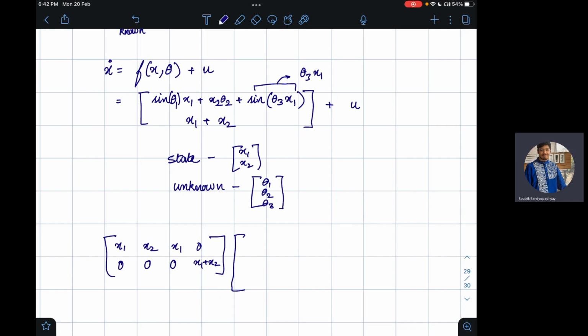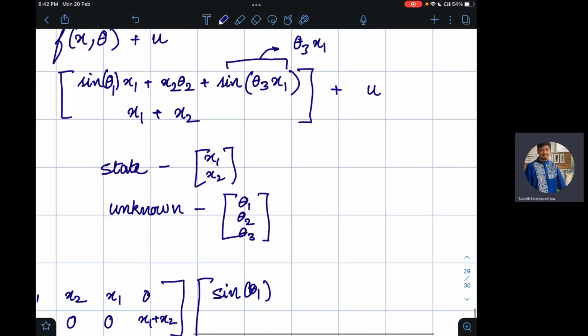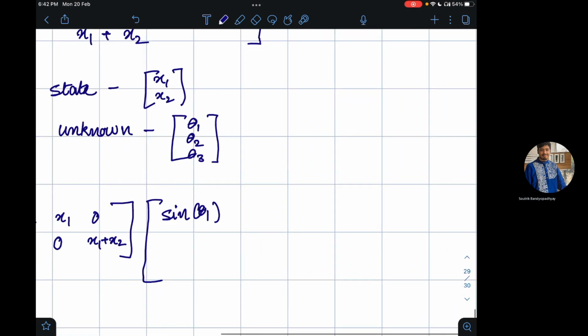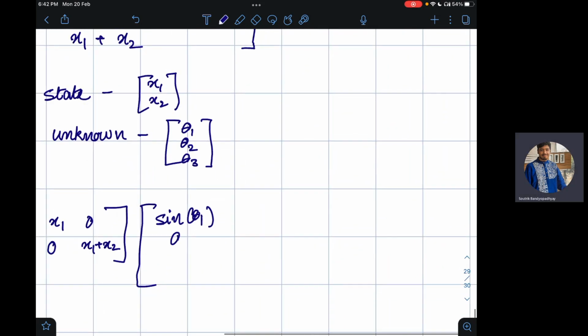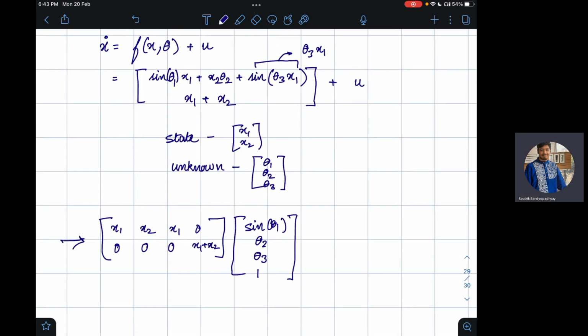Multiplied by, so the first thing was sine of theta 1. Now I have considered sine theta 1 to be the new parameter, and then it would be theta 2 and theta 3 with this bias term 1. So if you look at this multiplication without this pesky sine term, this would have been equivalent.